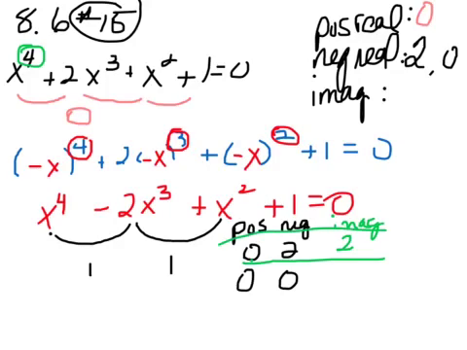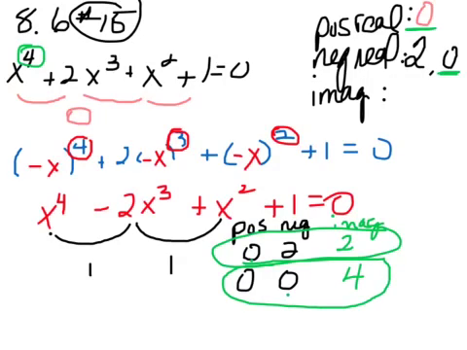So there's one scenario right there. But it could have been 0 positive and 0 negative, and then 4 minus 0 leaves 4 imaginary roots. So there were 2 possibilities for number 15 on 8.6.